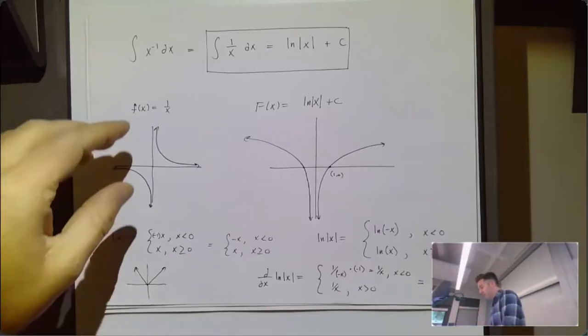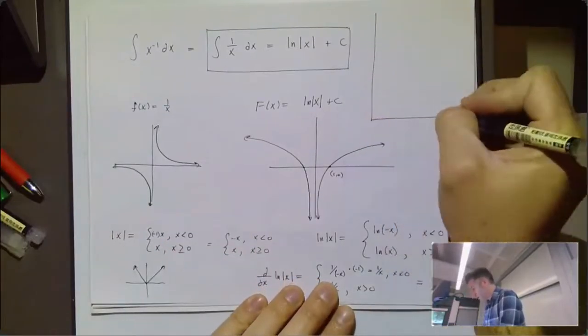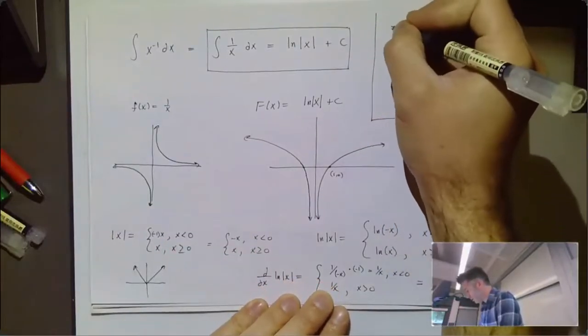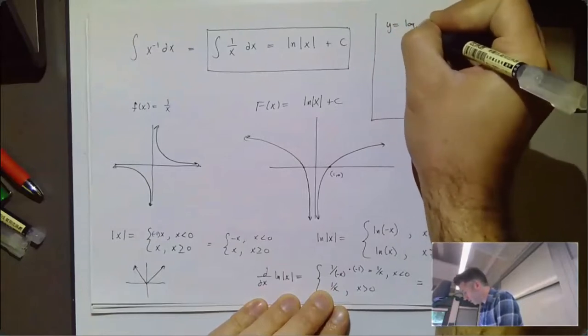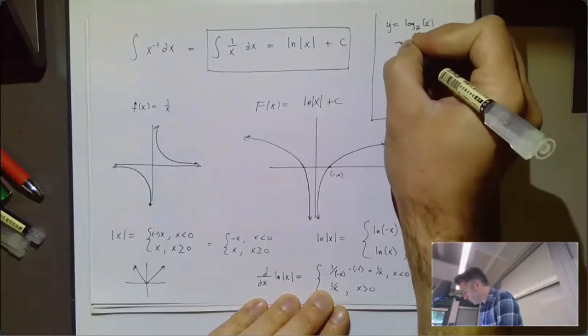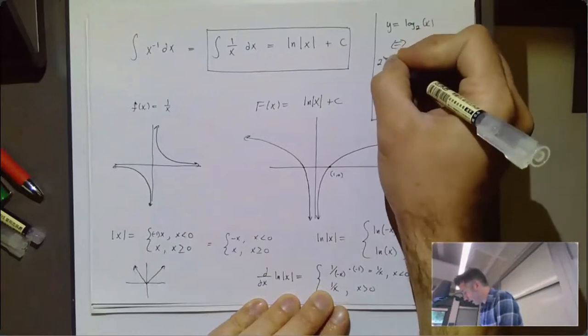One way to think about that is, when I write something like y equal to log base 2 of x, that's equivalent to 2 to the y equal to x.